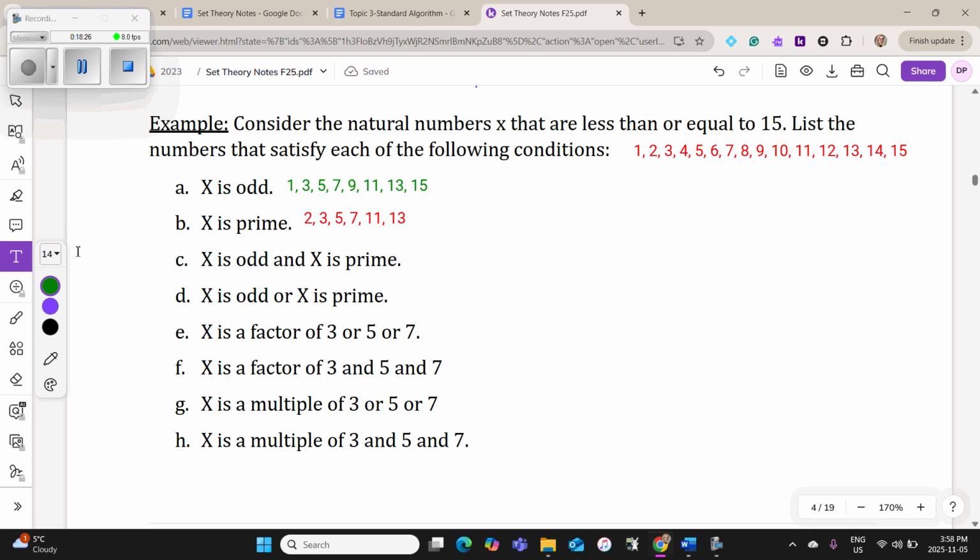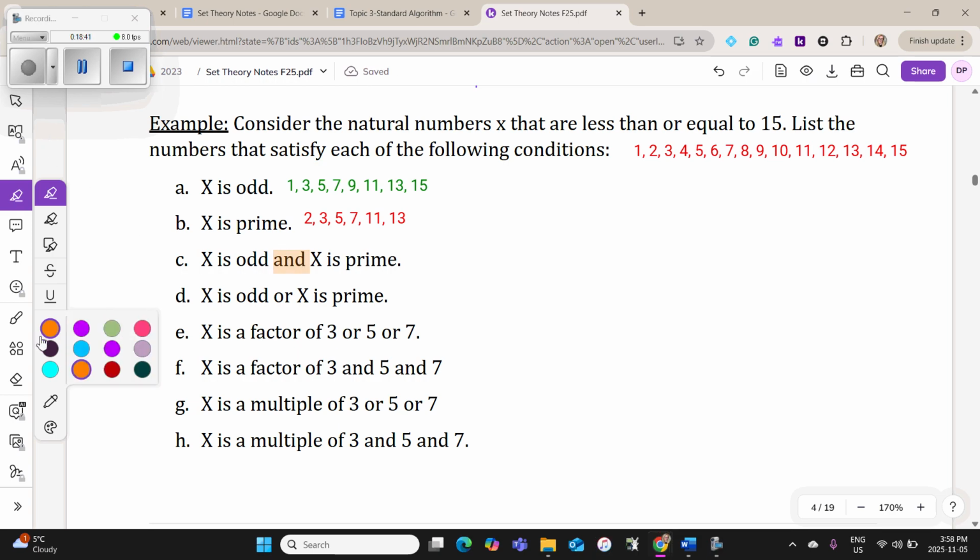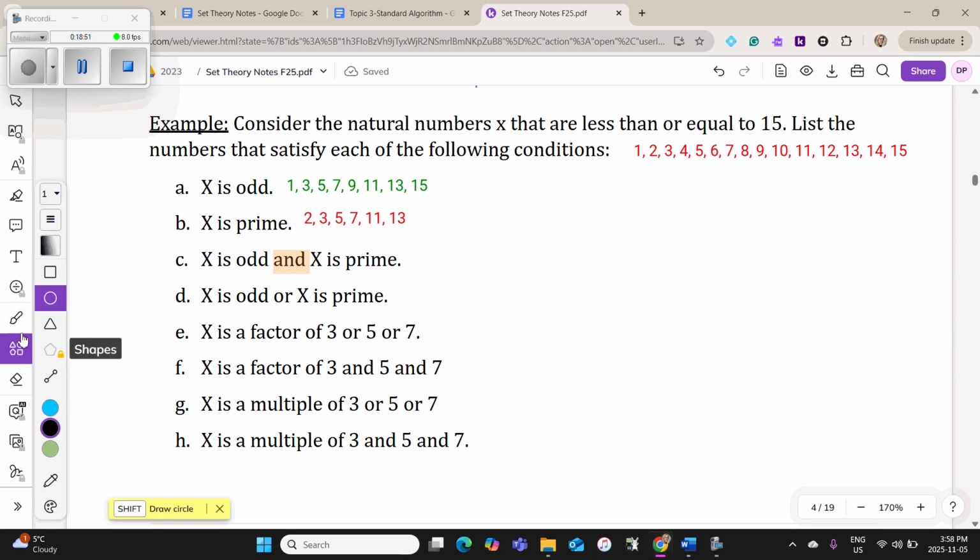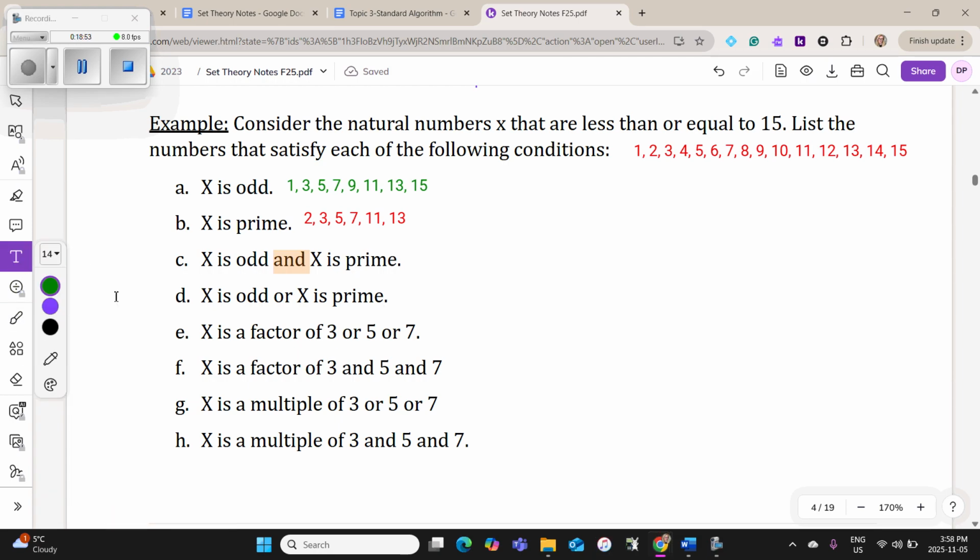So here's where we're going to be using the word and the word or. The first one says x is odd and x is prime. In order to complete this, it has to be true for both of them, so we are looking for numbers that are in both of those sets.